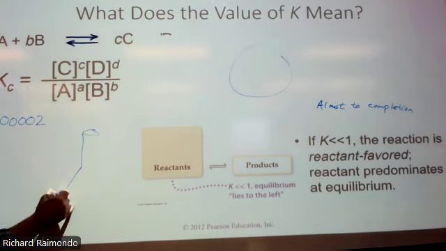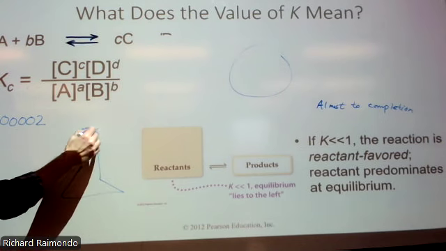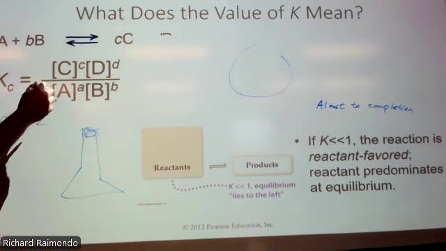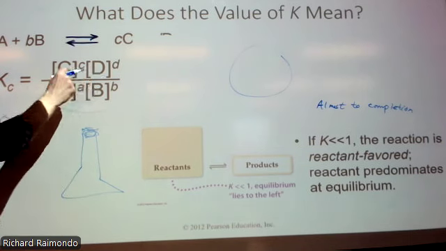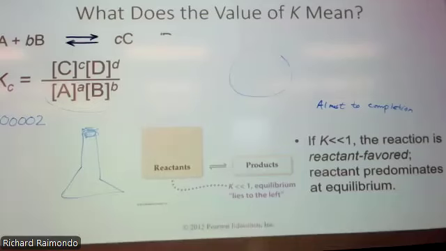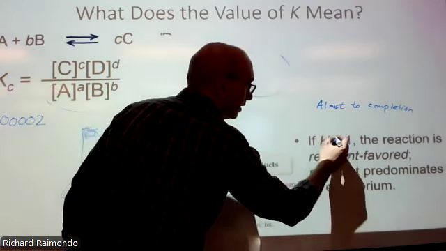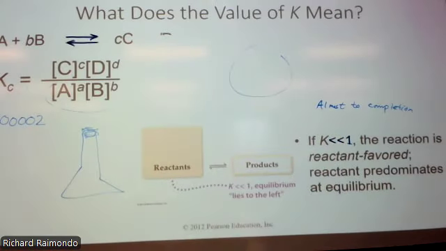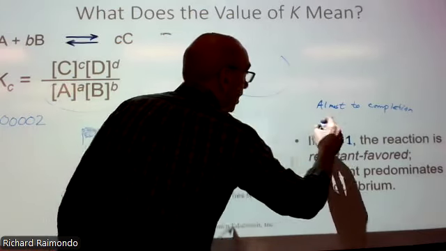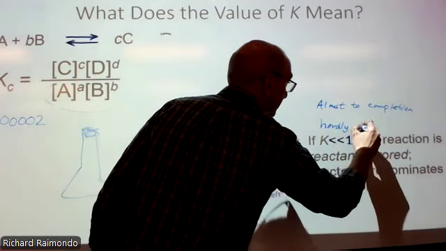If I was doing this in a flask and measuring what was inside, I would see a whole lot of my reactants still there, and very little of my products that were made. They're there, I made them, it's a reversible reaction. There's some of this and some of that, but it's about concentrations relative to each other. We would say that something like this, where K is much, much less than 1, is reactant favored. Sometimes we say the reaction hardly proceeds.